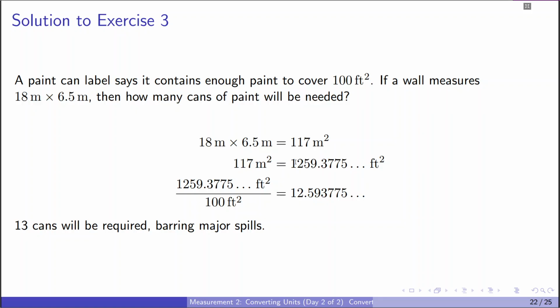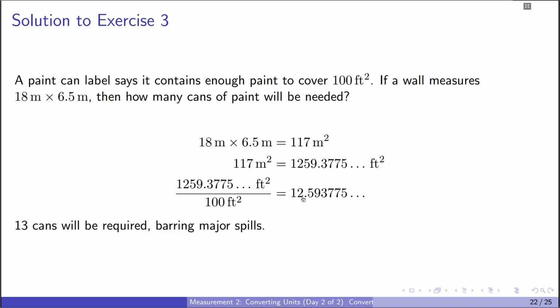Multiply all that through. We get 1,259 square feet on this wall. If it's 100 square feet per can, then it works out to 12.593775. You follow this long enough, it will repeat because it's still a rational number. But that means we're going to need at least 13 cans.